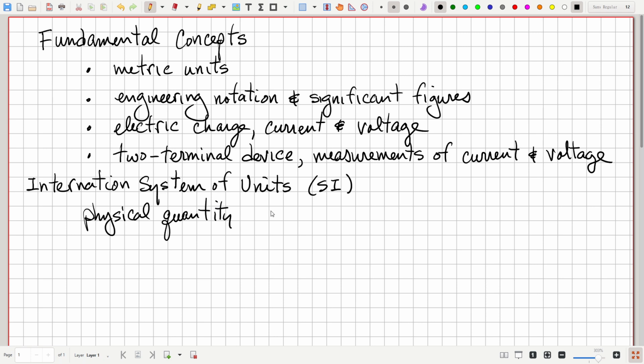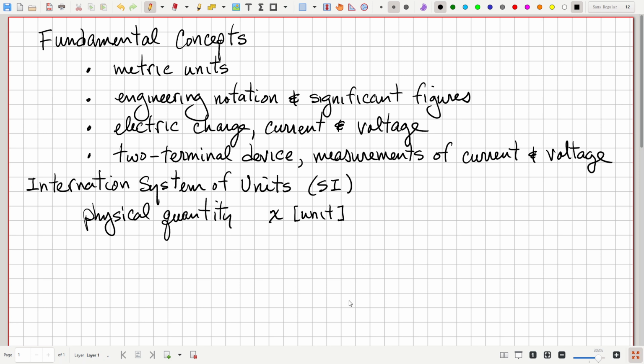This will be described as some pure number, x, in some sort of notation. It could be scientific notation, or we'll mostly use what we call engineering notation. And then a unit, like meters or seconds or kilograms or things like that.